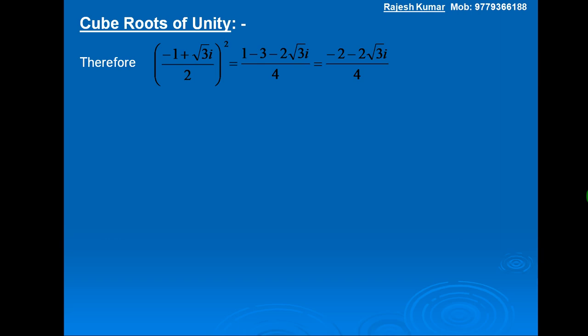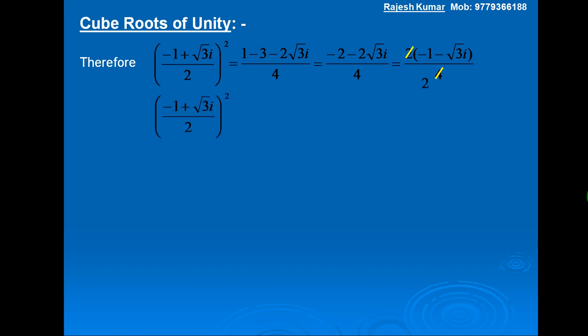Now in the numerator we can take 2 common, so this is equal to 2 into (minus 1 minus under root 3 iota) upon 4. Now 2 and 4 we can cancel: 2 1s are 2 and 2 2s are 4.